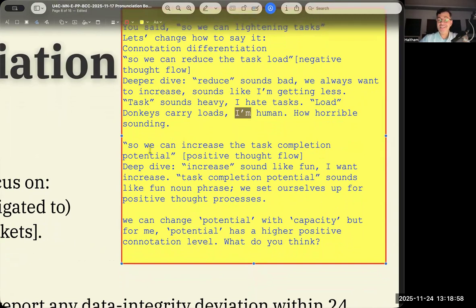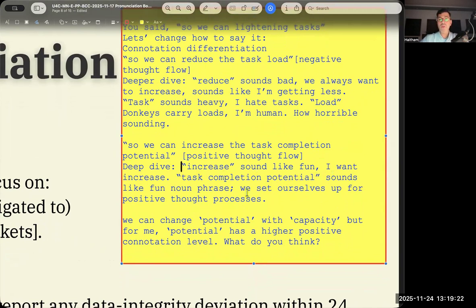So the second example we discussed was so we can increase the task completion potential. Ooh, sounds like fun. Task completion potential. Sign me up. Can I get order two of those, please? Supersize them, please. So increase sounds like fun. Everybody wants increases. Task completion potential, that noun phrase sounds like a big party.